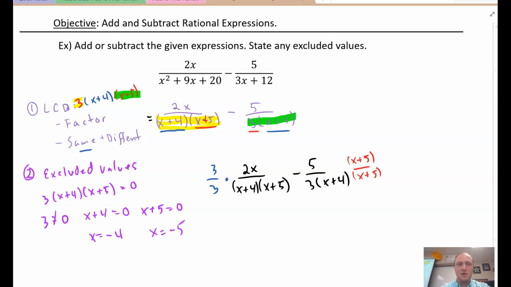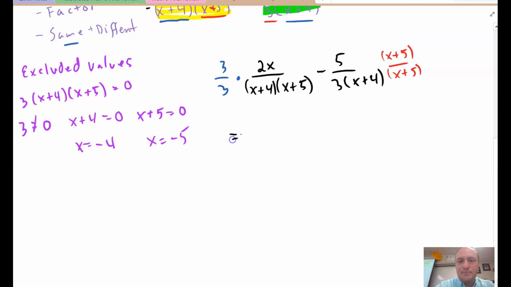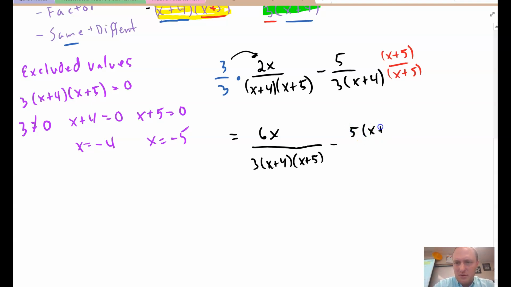Let me zoom up here. So here's our next line. 3 times 2x gives us 6x over our denominator, 3 times x plus 4 times x plus 5, minus 5 times x plus 5. I would go ahead and distribute this right away. So what's 5 times x? 5x.